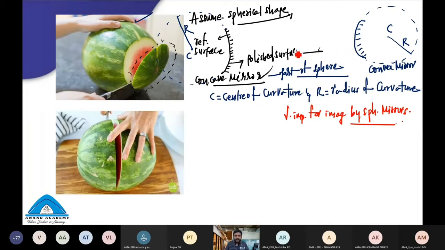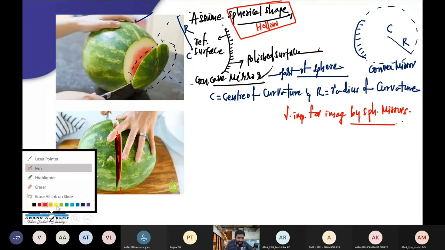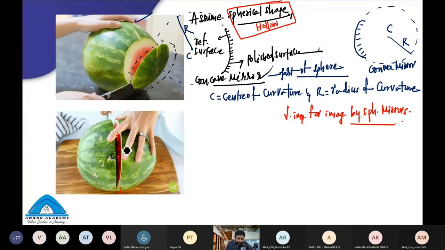Look at here. The hollow glass sphere we have, that is what we have imagined as a watermelon. Imagine it's hollow. Now, when we cut like this, students, if you draw a line along this cut, that will pass through the center of curvature, isn't it? Everybody should respond.